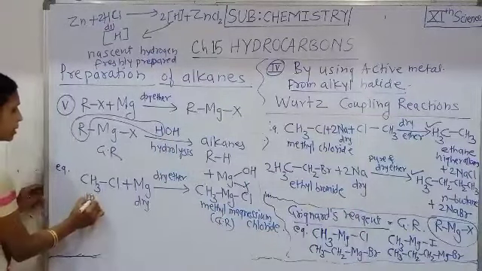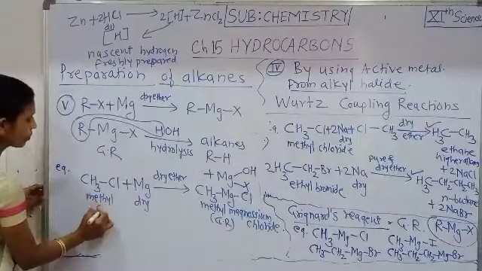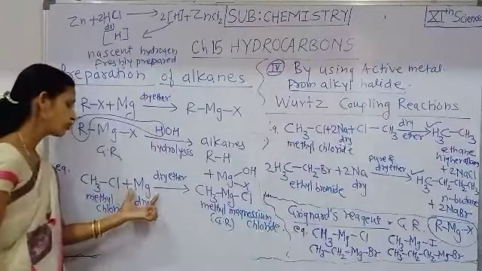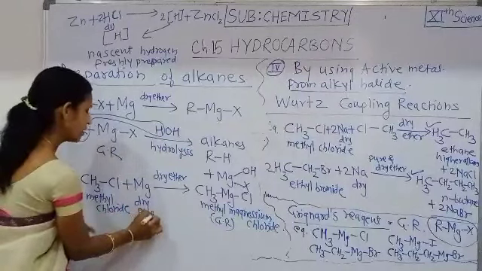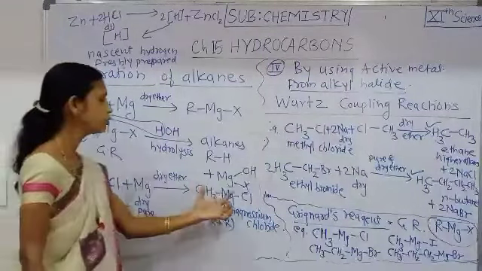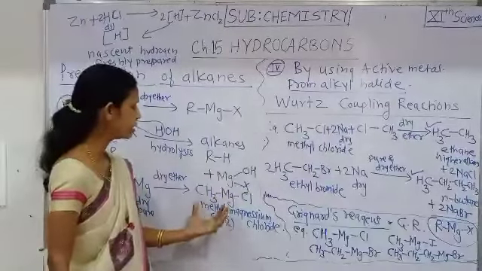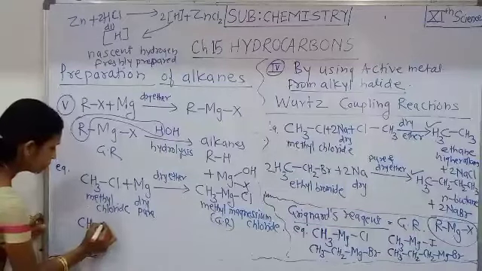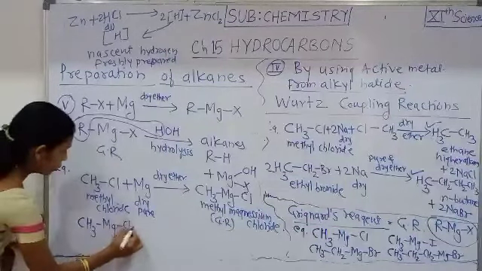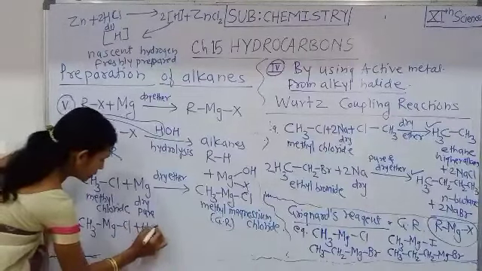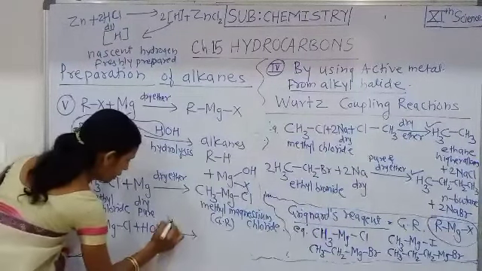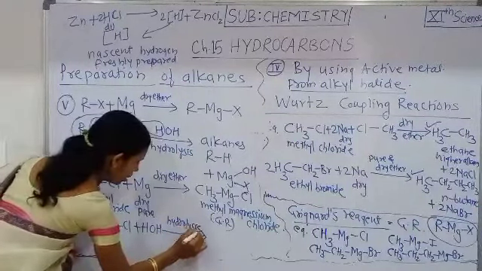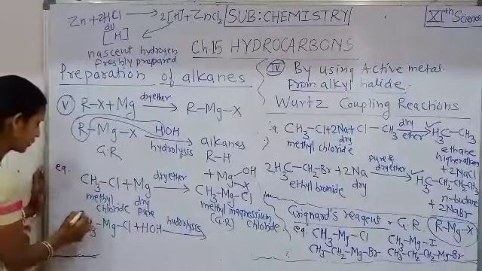The Grignard's reagent obtained here from methyl chloride by the action of pure and dry magnesium first gives methyl magnesium chloride, and that Grignard's reagent, when it undergoes hydrolysis, gives alkanes.